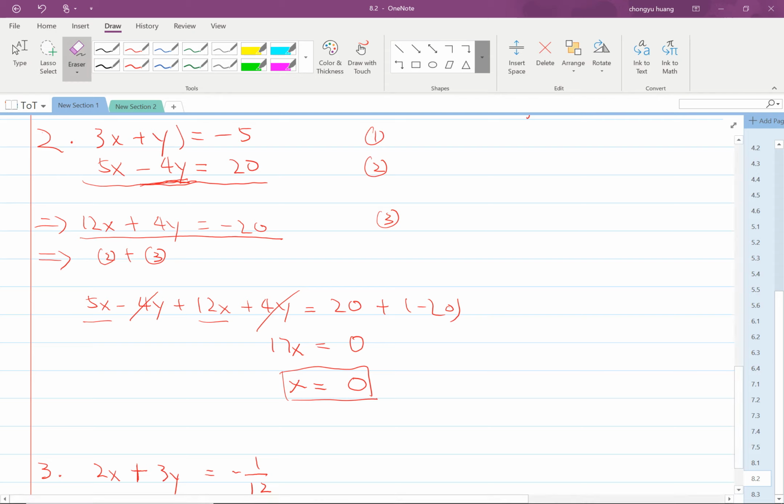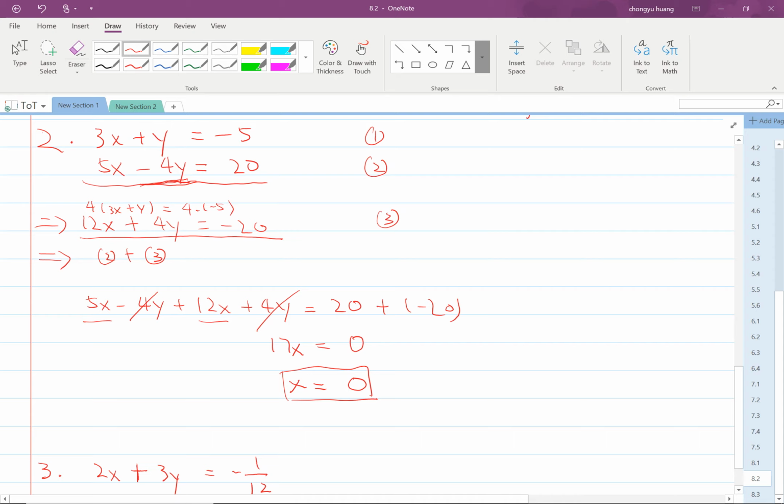Let me write it a little better because there's some confusion between those equations. This one is actually equal to 4. 3x plus y equal to 4 multiplied by negative 5. Okay, I think right now this is quite clear.